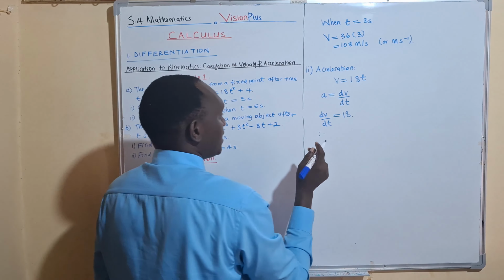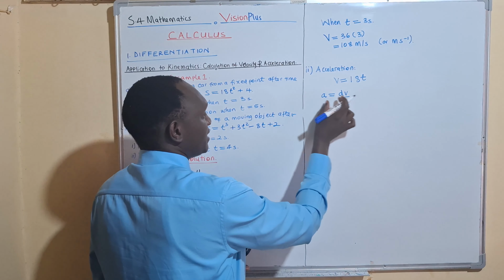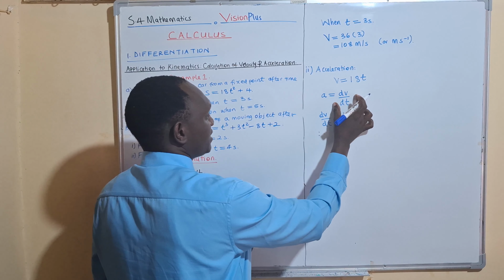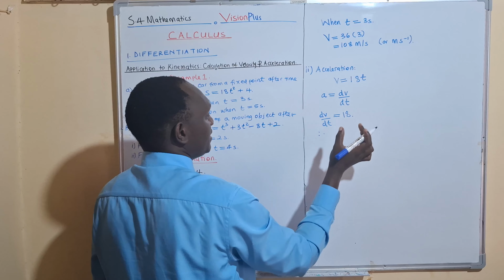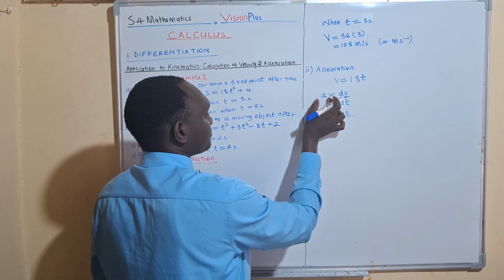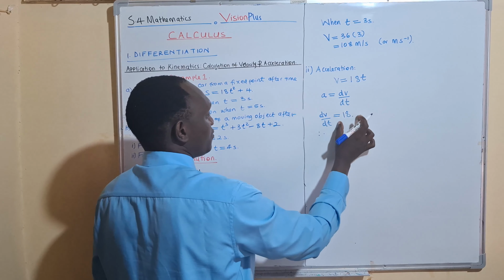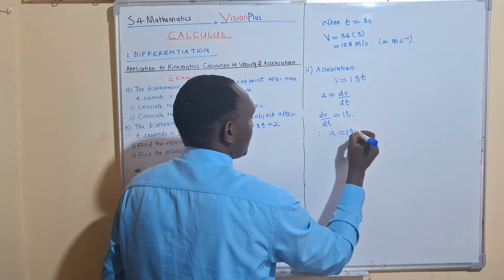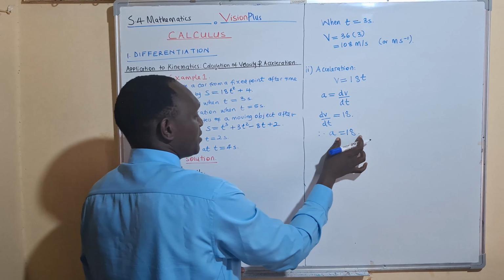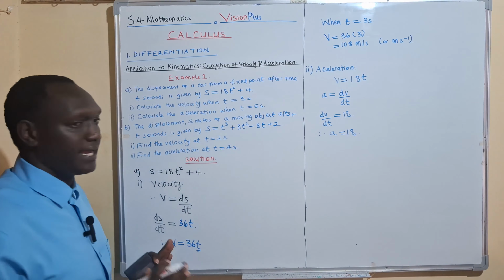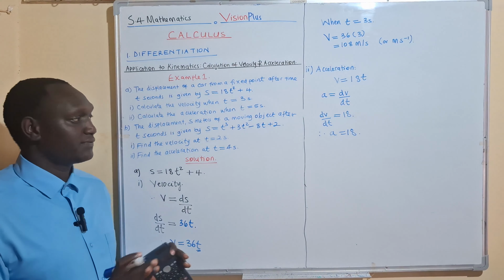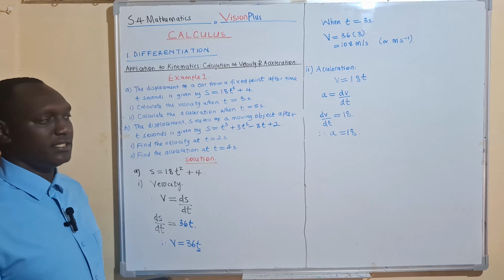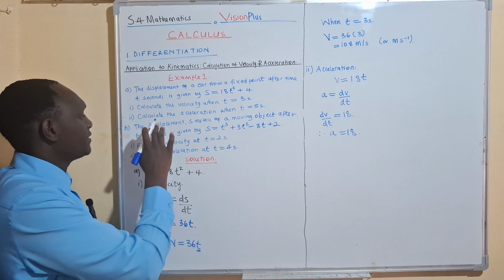Therefore, since acceleration is the rate of change of velocity, which is dv/dt, acceleration in this case equals the constant. This is the expression for the acceleration at any time t. Now, what have they said here?